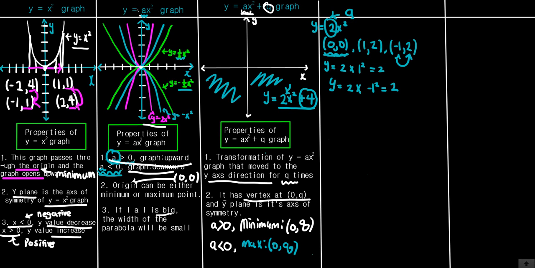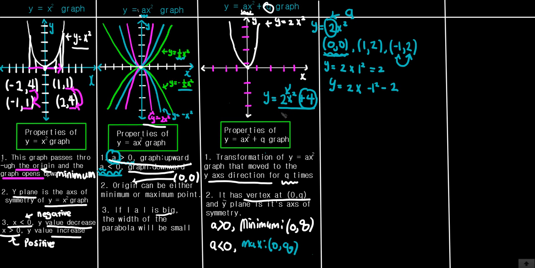So if we actually graph it, at first let's graph (0, 0), then (1, 2), and (negative 1, 2). So we can approximately see that the graph will look something like this. And this is the approximate graph of y equals 2x squared.